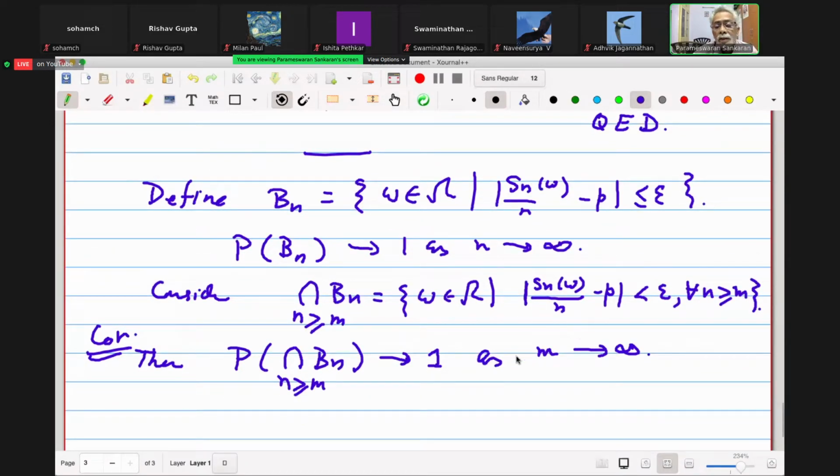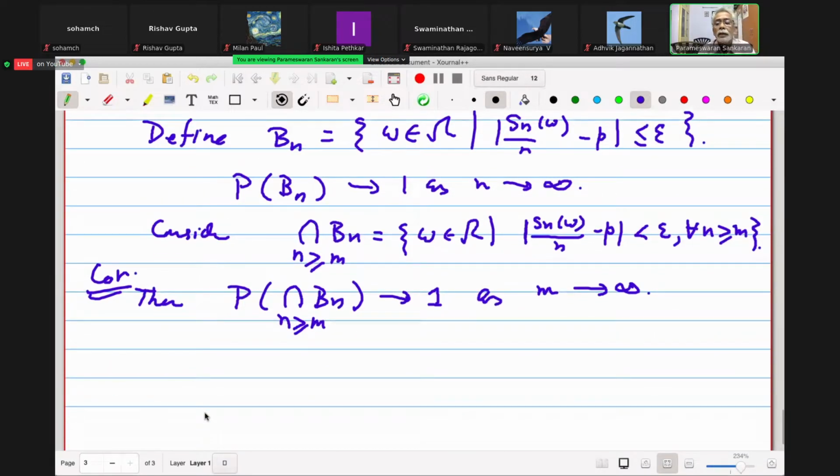So this is a stronger result. Not only does the probability of this particular set go to 1, you are looking at a much smaller set of omega. I hope you realize that.